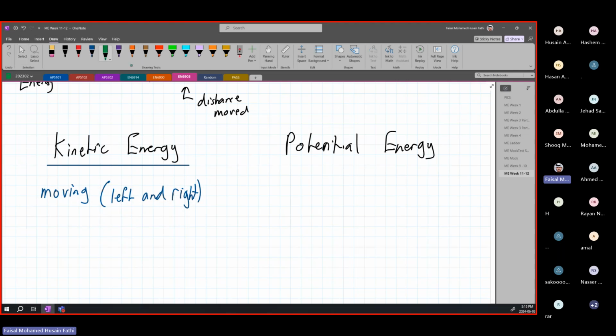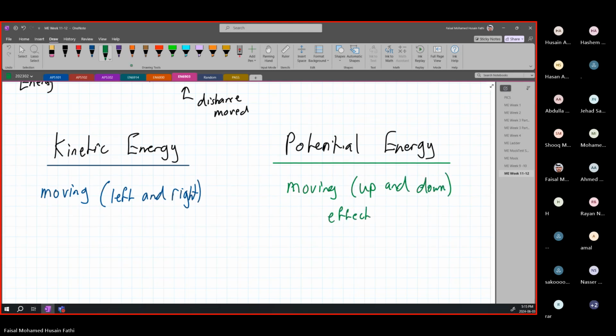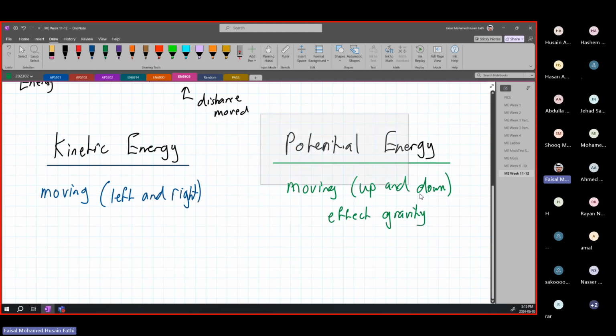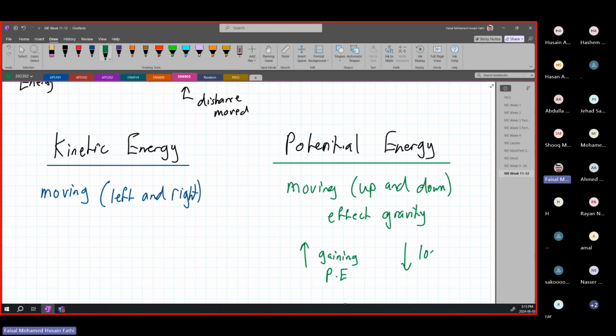And potential energy is when something is moving up and down, meaning we have the effect of gravity. So when something is going up or going down, it is going to have a potential energy, either gaining it when going up or losing it when going down. So if it's going up, it is gaining potential energy. And if it's going down, it is losing potential energy.